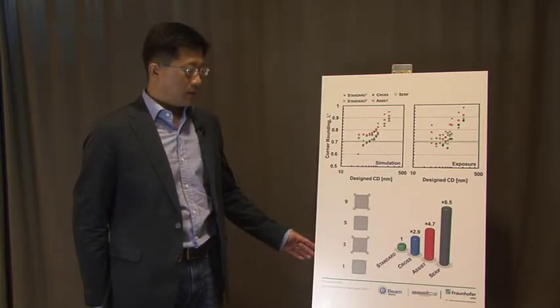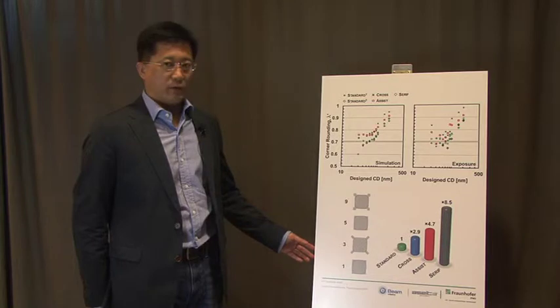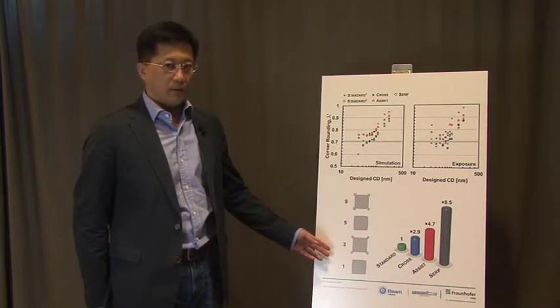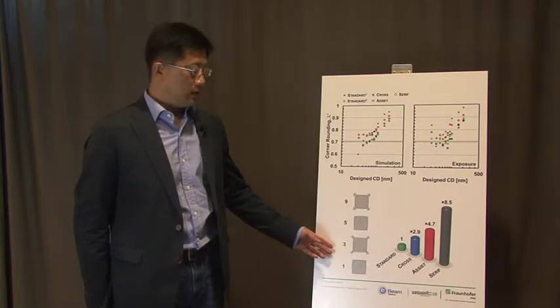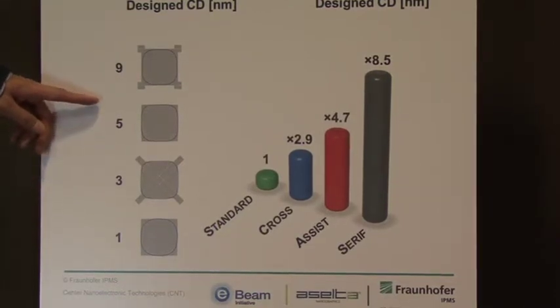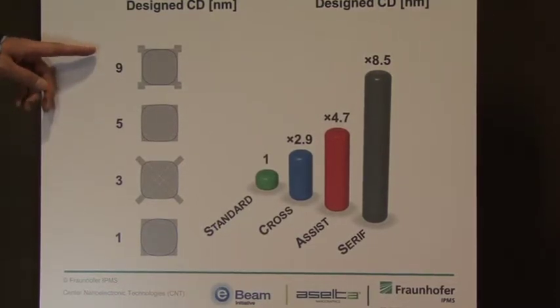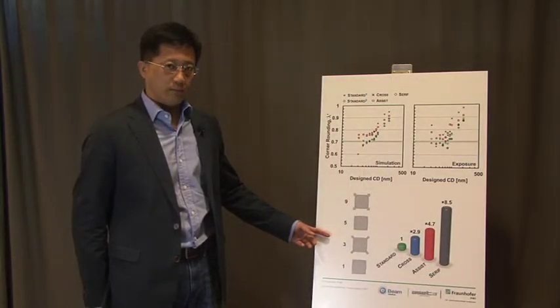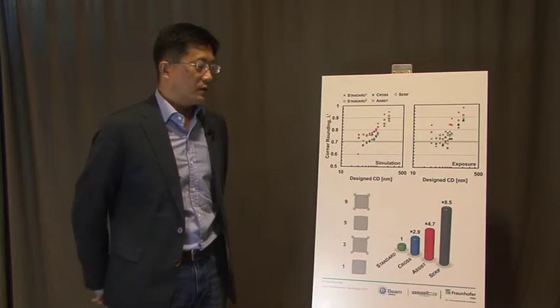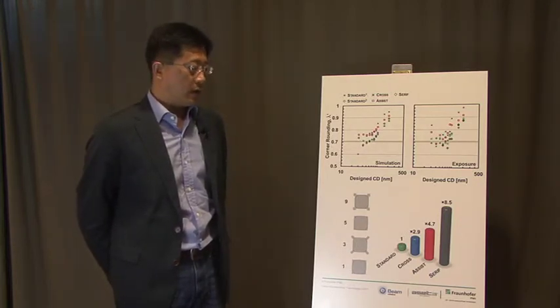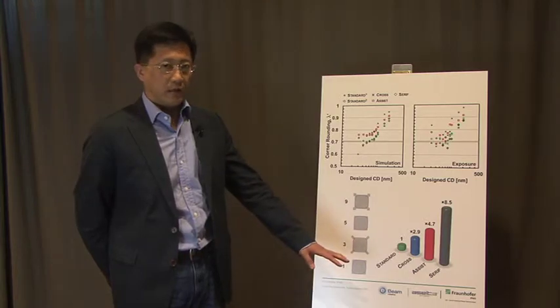On the left side of the images, from the bottom to the top, you can visualize the comparison of the simulation and exposure. The designs are standard, cross, assist, and serif corrections, and these numbers give you the shot counts. These shot counts were counted over the entire test pattern and visualized on the right side of the images.